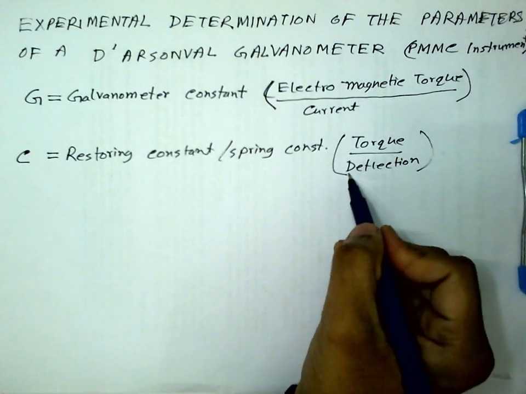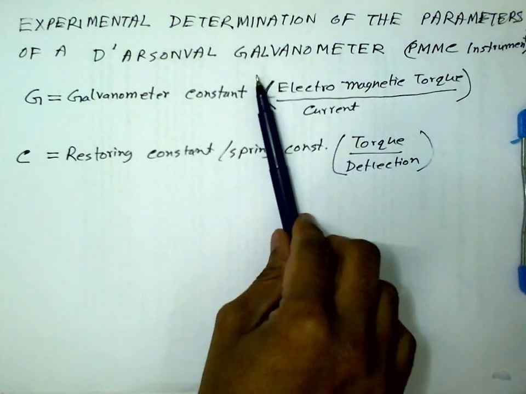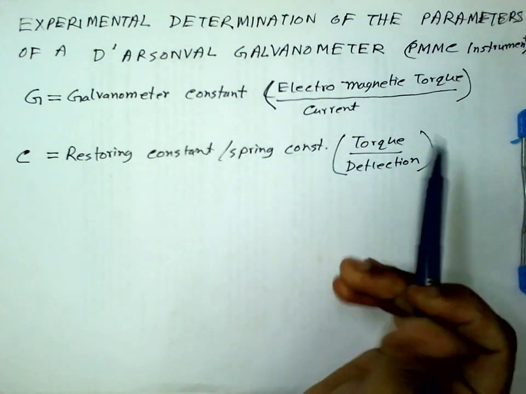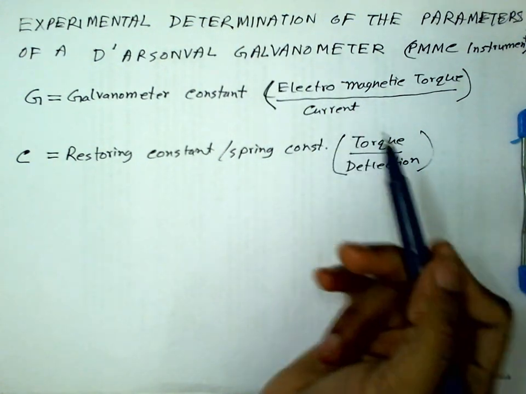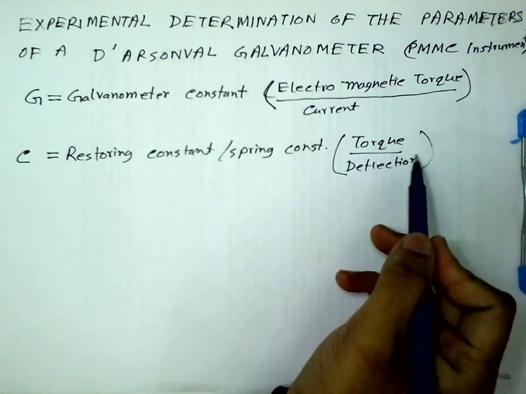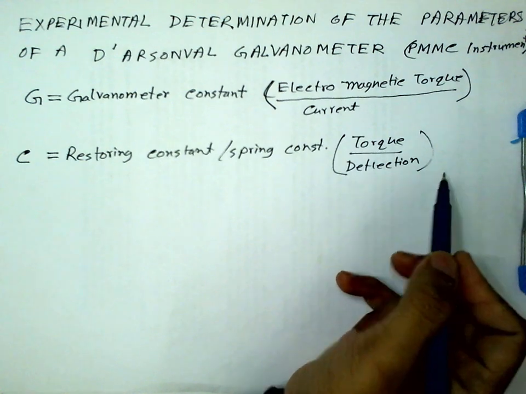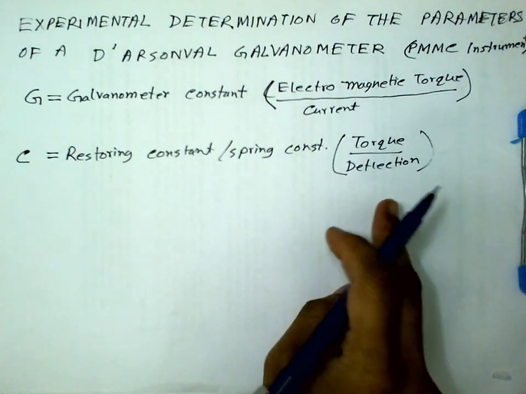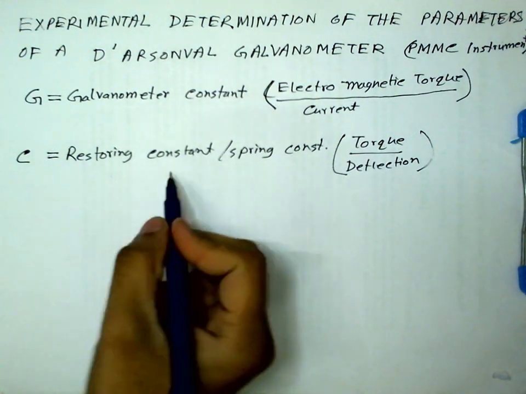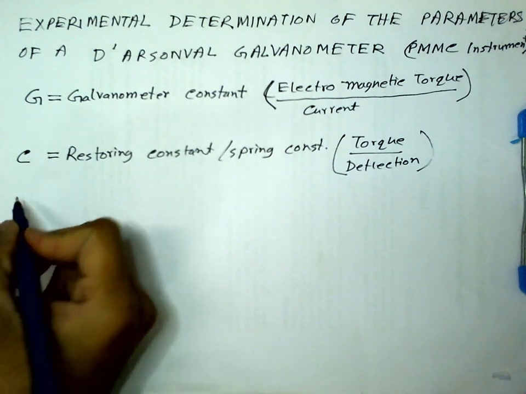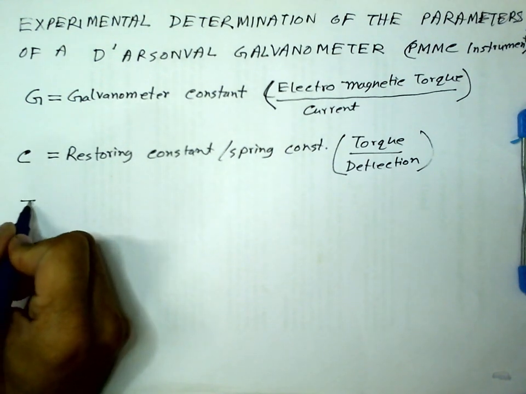So if the coil deflects, that means if the coil turns or twists the spring, then the spring produces some torque, and the ratio of that torque divided by the amount of turn or deflection is the restoring constant.